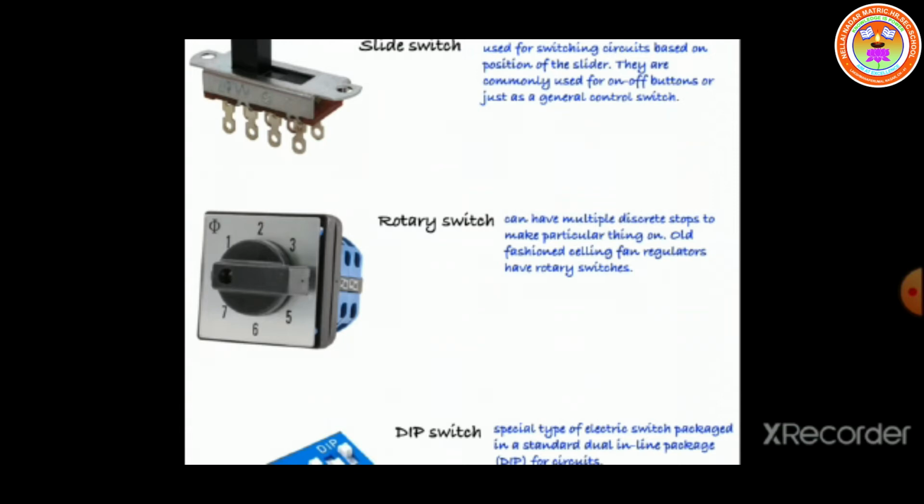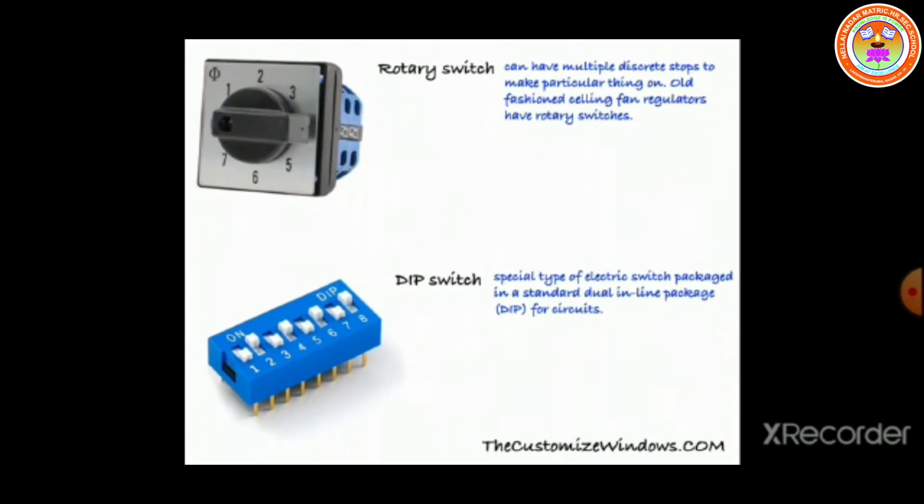This type of regulator switch we can notice in the old type of ceiling fan. And the next one is the DIP switch, a special type of electric switch packaged in a standard dual in-line package for circuits. Have you understood, students, about the switches?